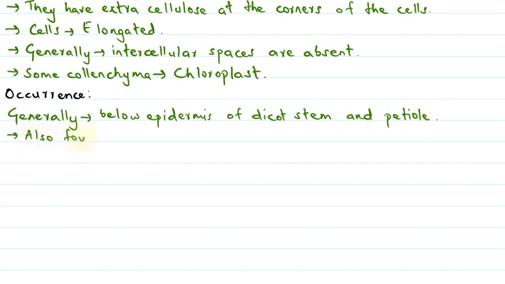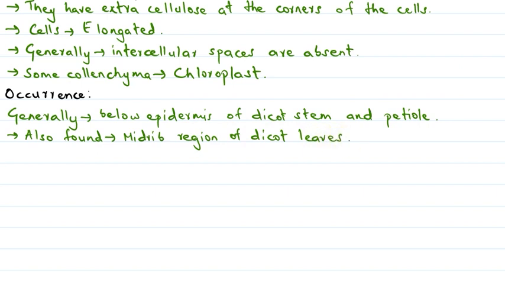Okay, so the collenchyma tissues can also be found in the midrib region of dicot leaves.